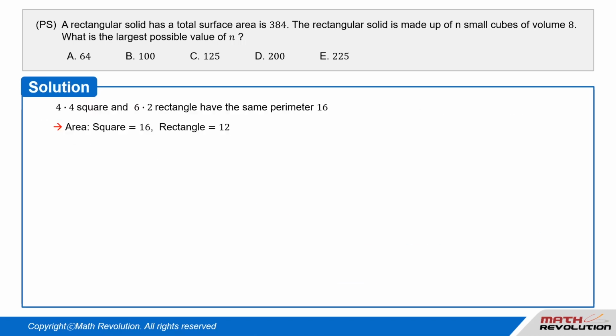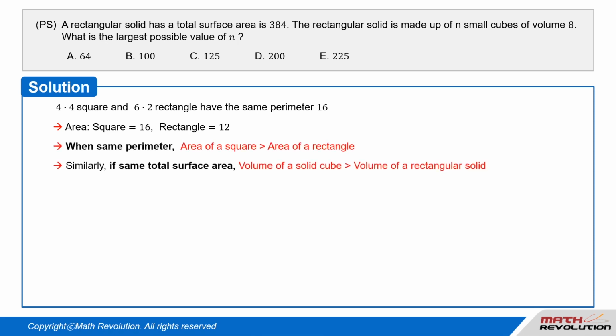Let's begin by thinking about the relative perimeters of squares and rectangles with the same area. Say we have a 4 times 4 square and a 6 times 2 rectangle. They both have the same perimeter, which is 16, but the area of the square is 16, while the area of the rectangle is 12.